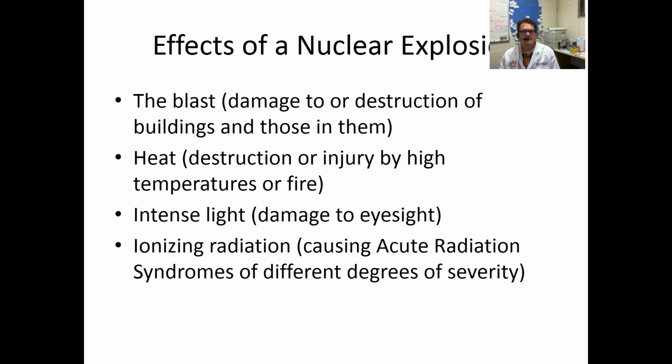So a nuclear explosion, of course, the intention is to do a variety of things, but it's nuclear because it releases ionizing radiation. There are different types of ionizing radiation that come off of one of these things, but usually it has gamma, alpha, and beta particles coming off of it.